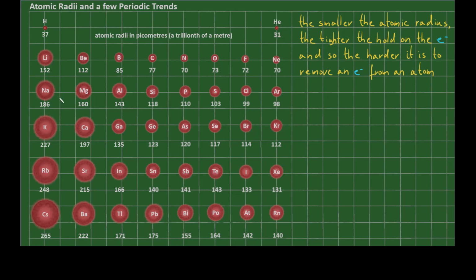Sodium has a much bigger radius. This means that it is easier to remove a valence electron from it. The valence electron of sodium is further out than the valence electrons of chlorine. This means that the valence electron of sodium experiences a lesser pull by the protons in the nucleus. This in turn means we need less energy to remove it from sodium.